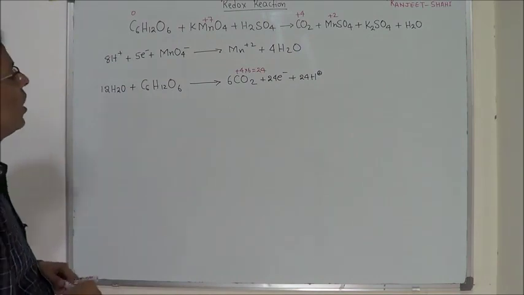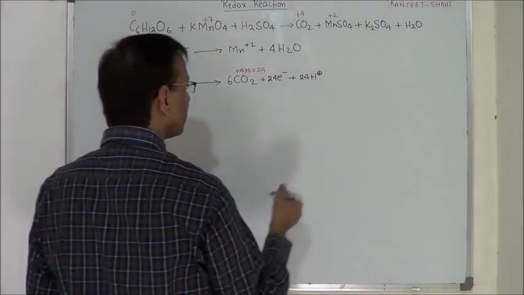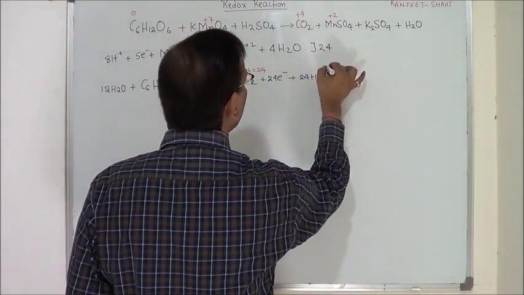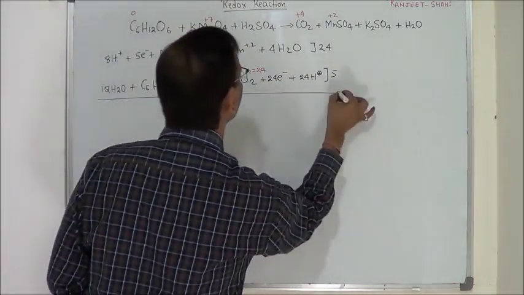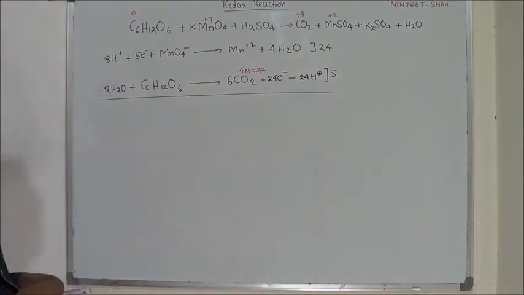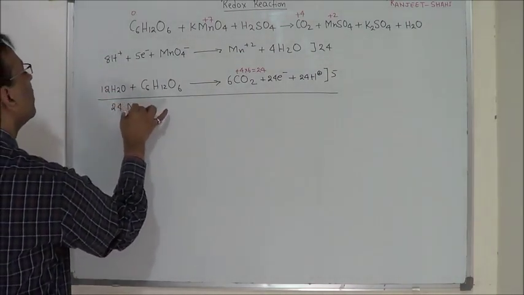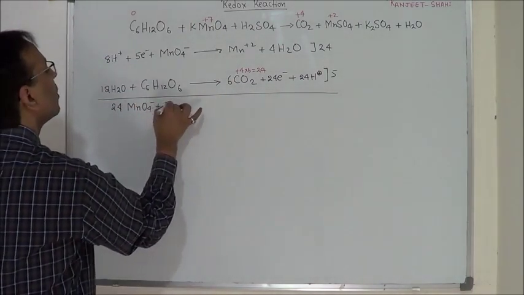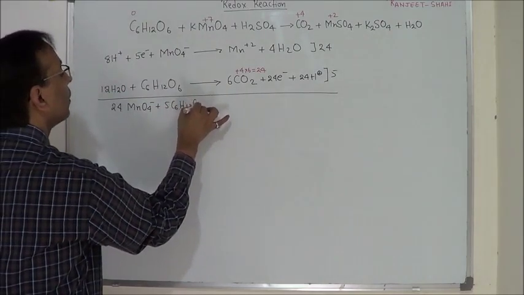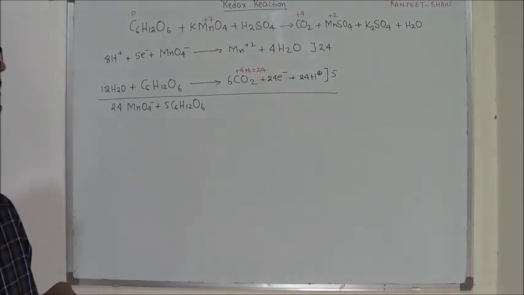Now make the number of electrons equal. There is no common factor between 5 and 24. So the first reaction will be multiplied by 24 and the second reaction will be multiplied by 5. And then add them. When we add them, we obtain 24 permanganate, 5 glucose. What about hydrogen ion?